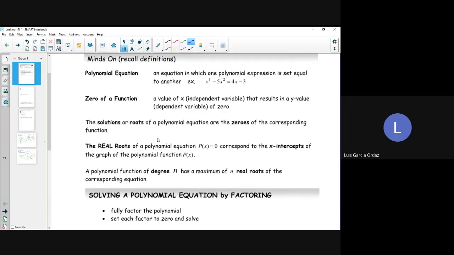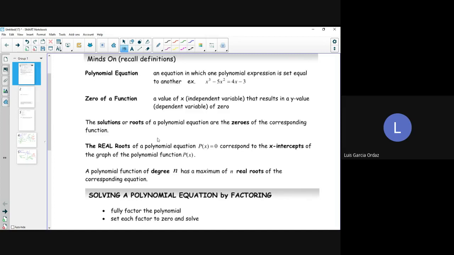So we're going to look at some definitions that we've learned. So we know a polynomial function is an equation in which one polynomial expression is set equal to another. So we've done this before. x to the 3 minus 5x squared is equal to 4x minus 3. The zero of a function we know is the x-intercepts.